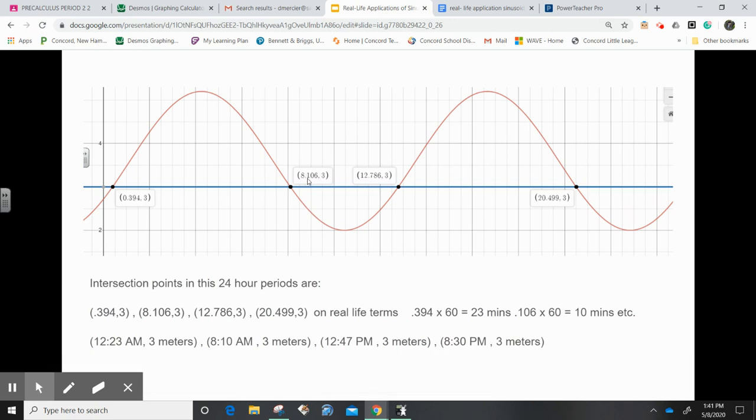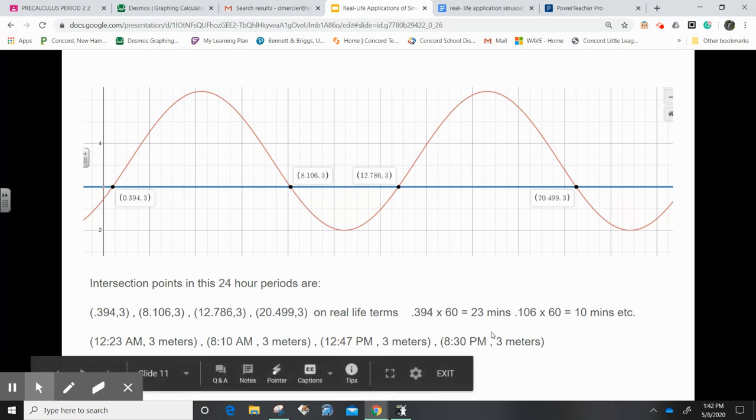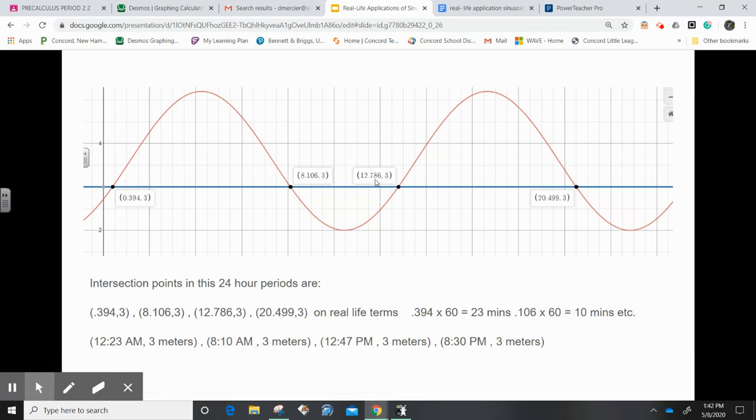Right here I have 8.106 hours past midnight, so this is going to be at 8 a.m. and like a tenth of an hour. So I'm going to do 0.106 times 60 to get 6 minutes, I'm sorry, to get 10 minutes. To figure out what this time is, it's going to be 0.786 times 60. This is going to be 0.4999 times 60.